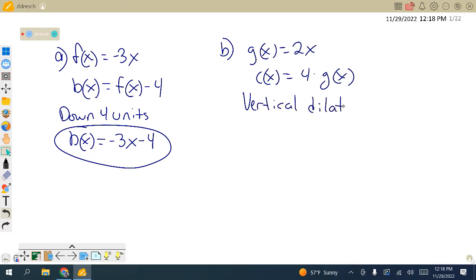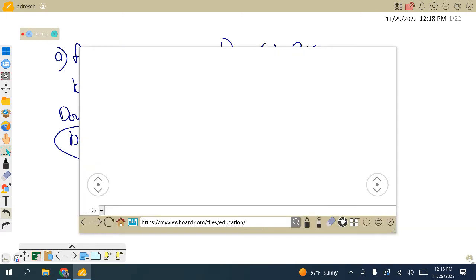A vertical dilation by a factor of 4. What the heck do I mean by a vertical dilation by a factor of 4?